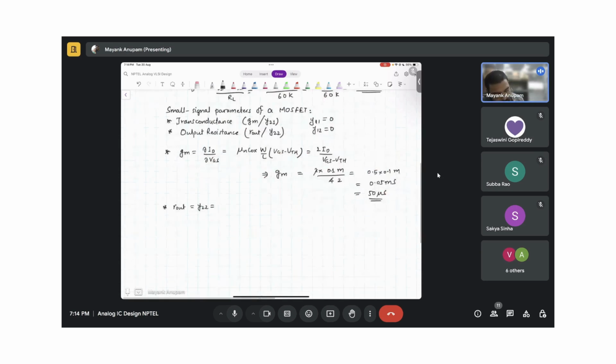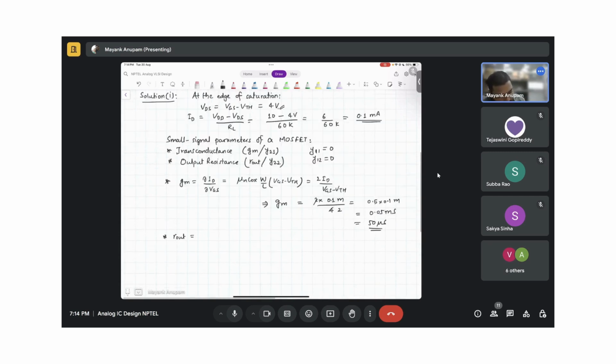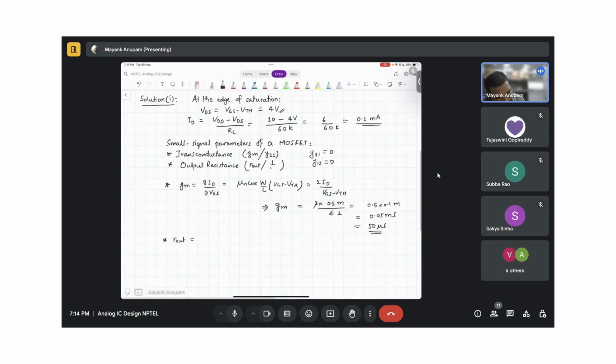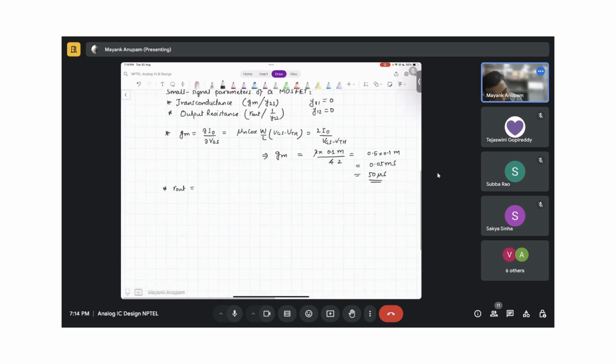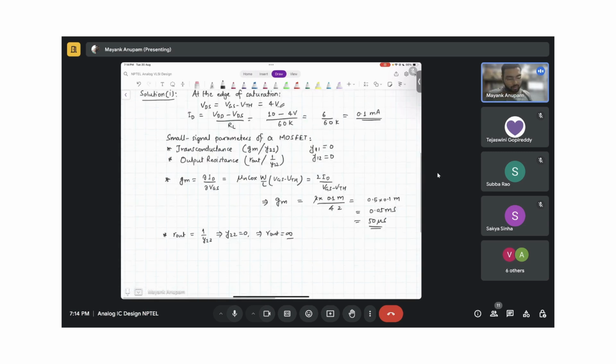It is 0. I mean, sorry, I made a mistake here. It is 1 over Y22. So we know that in this case Y22 is equal to 0. So R out should be how much? Infinity, isn't it? So these are the small signal parameters.